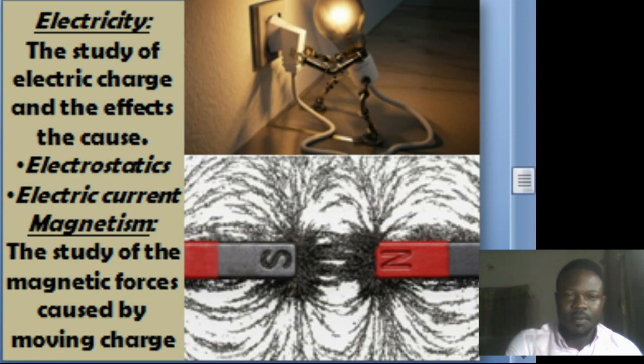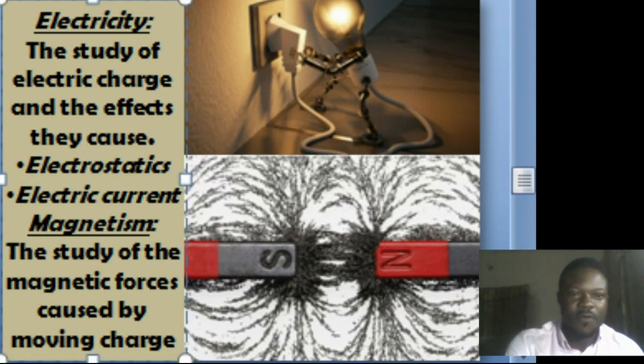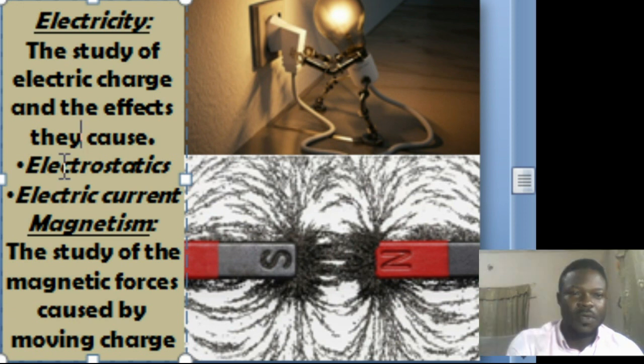Now electricity, we are familiar with electricity. In electricity we study electric charge and the effects they cause. Electricity can be classified into electrostatics, which means the study of the effects of charges that are static, that are not moving.